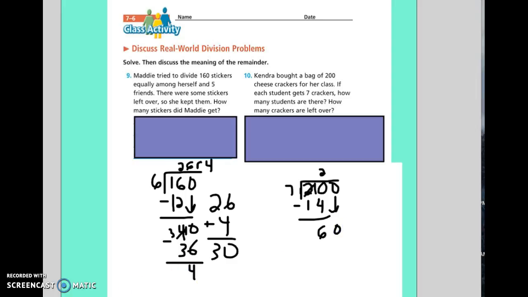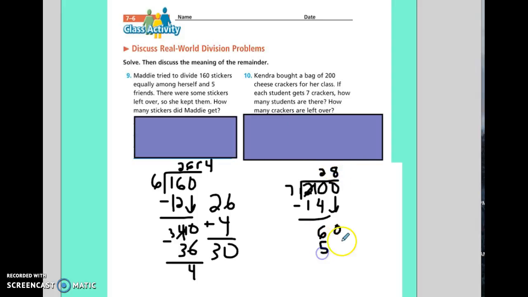All right, and 7 goes into 60 8 times. 7 times 8 is 56. I do my subtracting. And this becomes a 5. This becomes a 10. 10 minus 6 is 4. So I end up with 28, remainder of 4.